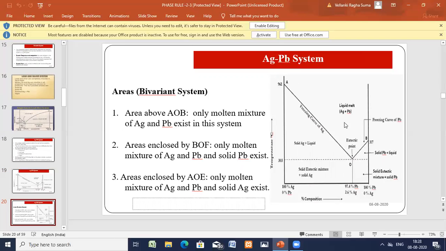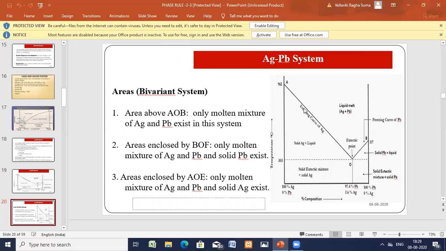Only the liquid state is there. Components are two, Ag and Pb, but only one phase, the liquid, is present.